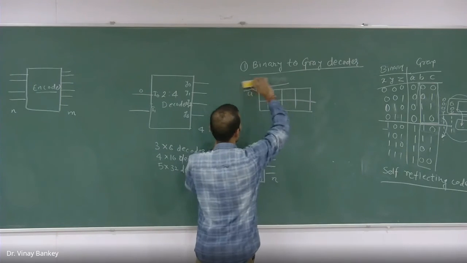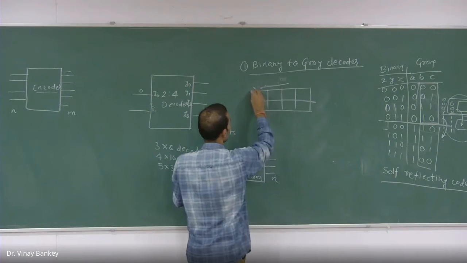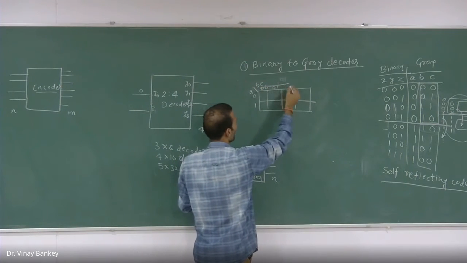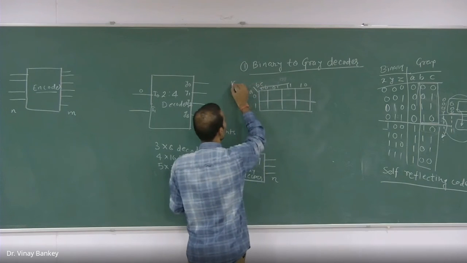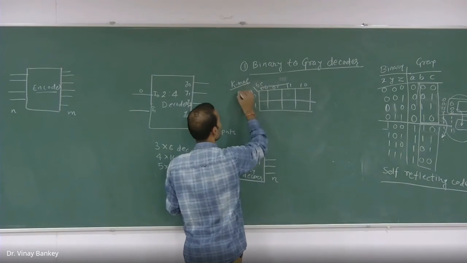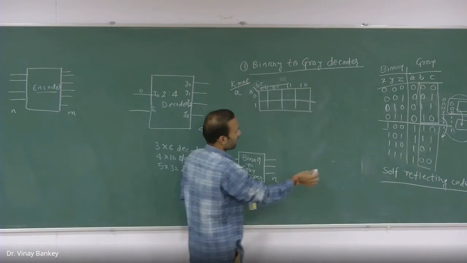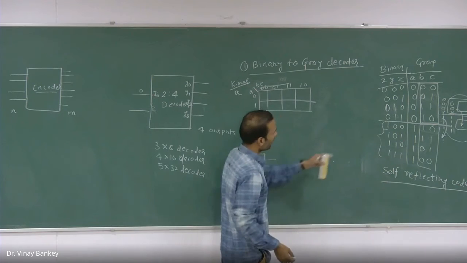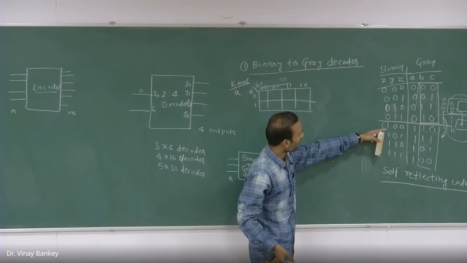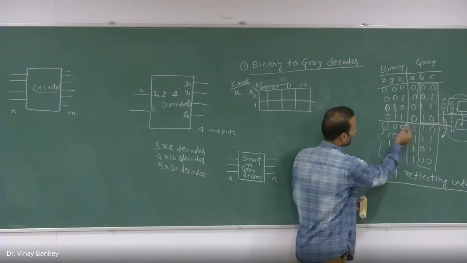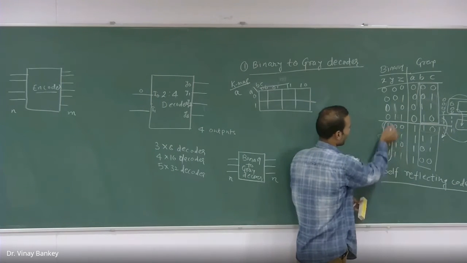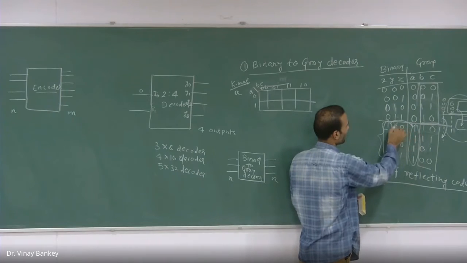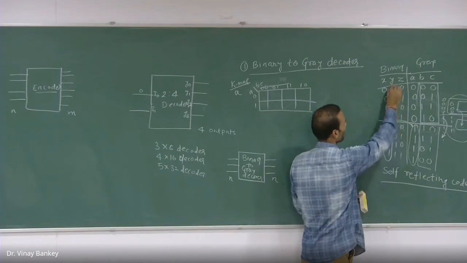Here this is BC: 0 1, 0 0, 0 1, 1 1 and 1 0. A is high for these 4 combinations. Correct. And if you can see here, A is high when X is high. There is a direct relation between A and X, regardless of the value of Y and Z.